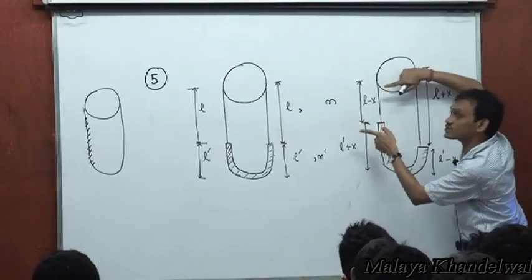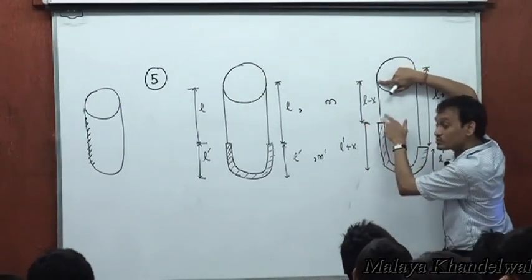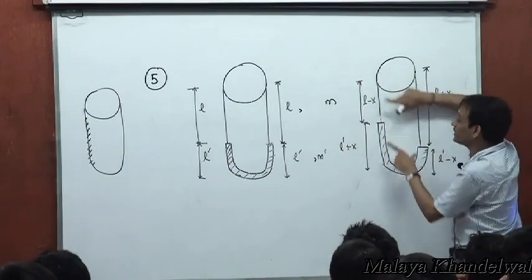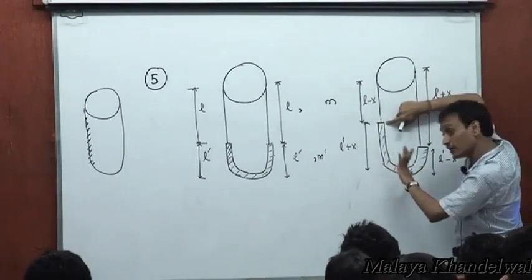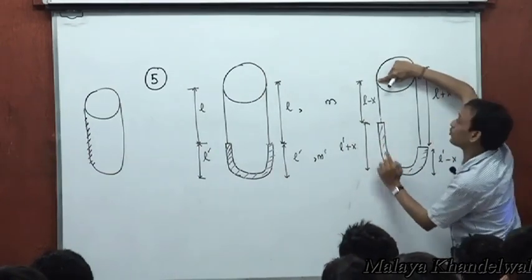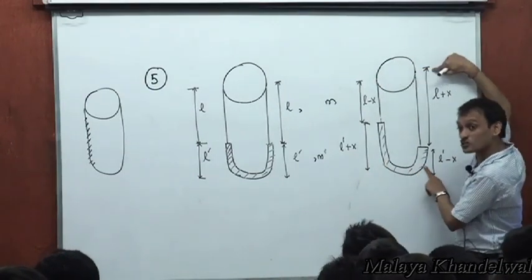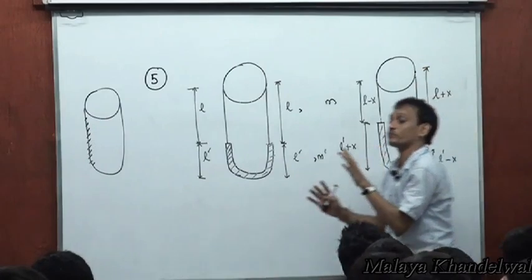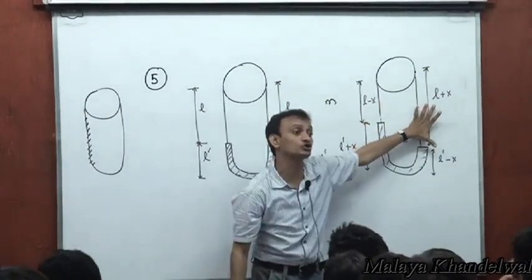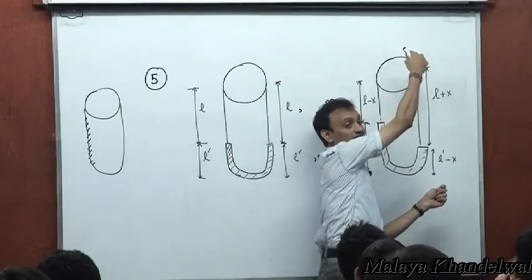On the left hand side, it's just the other way around. So obviously you would expect the portion on the left hand side to be heavier compared to the portion on the right hand side, and the thing would have a tendency to move this way.